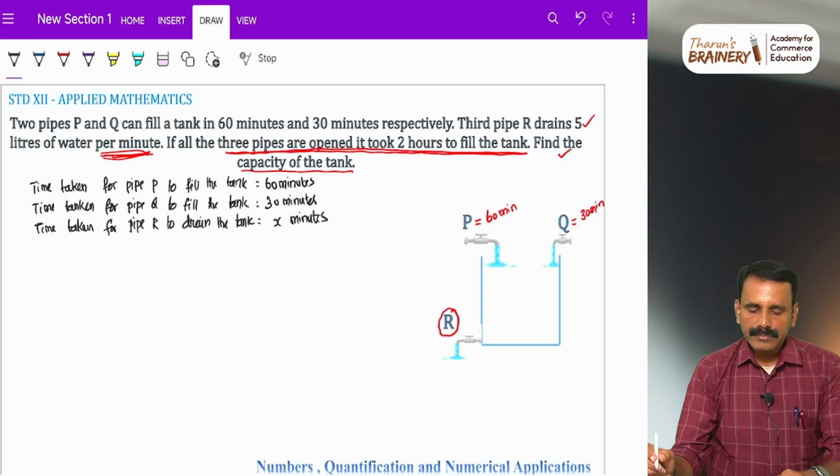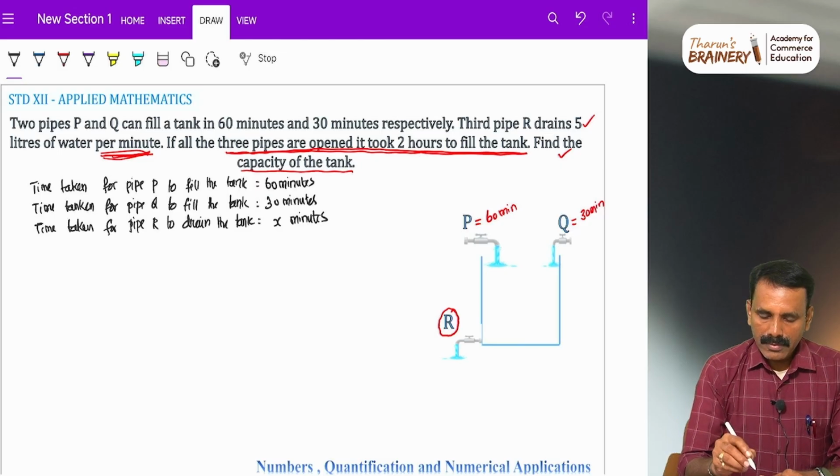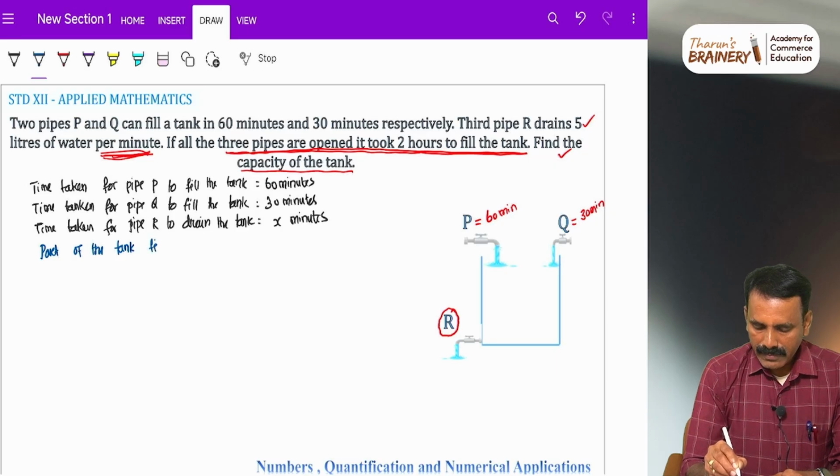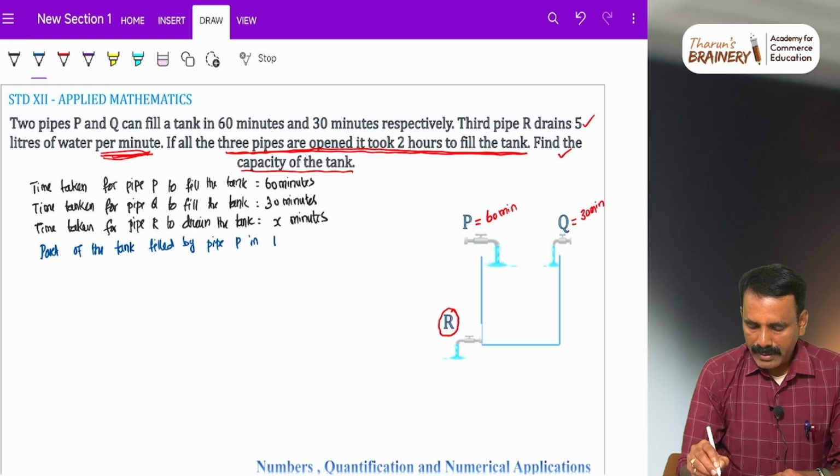Is it clear? Now, part of the tank filled by pipe P in 1 minute will be 1 by 60 part.